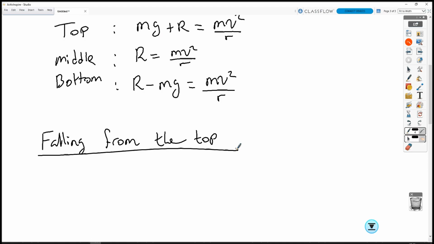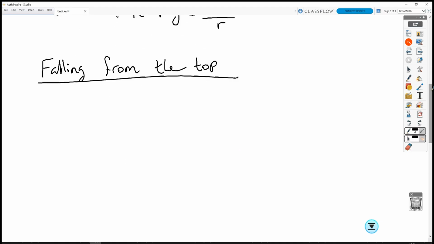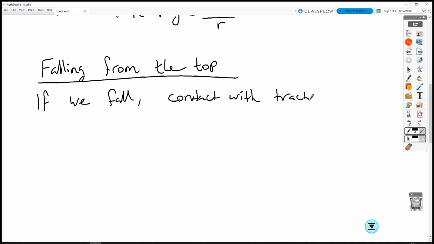So we've lost contact. If we've lost contact, we've lost our normal reaction. So at that point, normal reaction becomes 0. So if we fall, contact with track is lost. Therefore, R goes to 0.